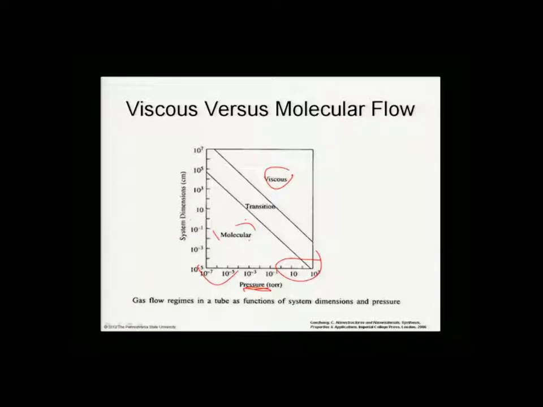The reason is that molecules can undergo collisions, but if the mean free path is long enough, the collisions they'll undergo are with the walls of the processing chamber. So the processing chamber size comes in also in determining the type of flow. So the system, the tool, the vacuum chamber size, and the pressure determine whether you're in the viscous range of flow or the molecular range of flow.